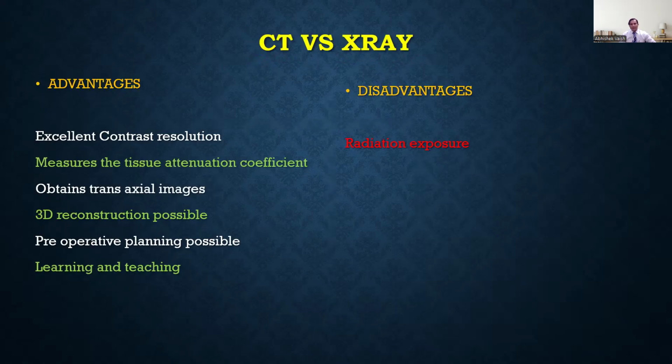It obtains transaxial images, 3D reconstruction is possible, pre-operative planning is possible, and it is very good to teach your colleagues, your juniors, and our trainees so that they can know exactly the anatomy, the pathology, and how to fix that. The only disadvantage is that there is radiation. So you should be very careful, and the CT scan therefore cannot be advised in pregnant ladies, and it should not be extensively used in children.